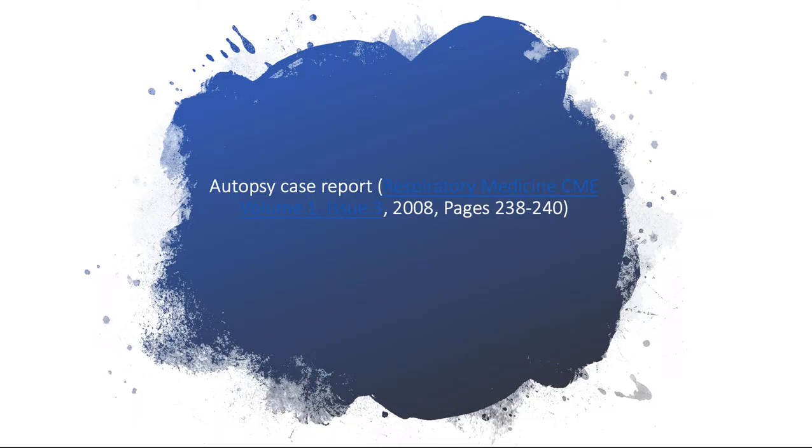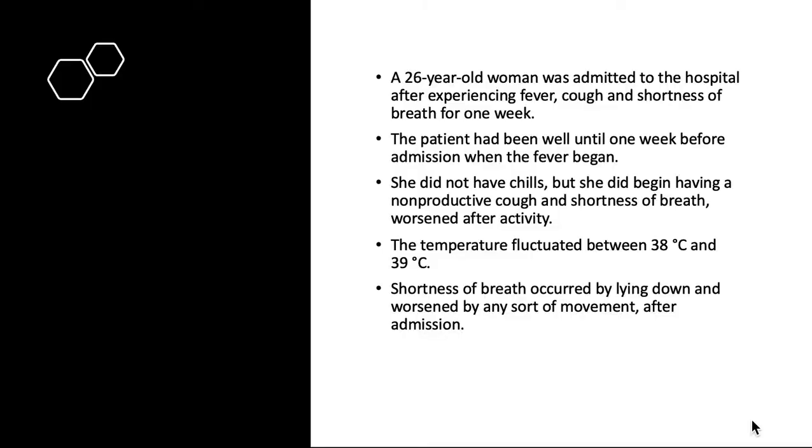Okay, we're going to look at the third case report published in Respiratory Medicine. This one is slightly older and it comes from 2008. A 26-year-old woman was admitted to the hospital after experiencing fever, cough, and shortness of breath for 1 week.